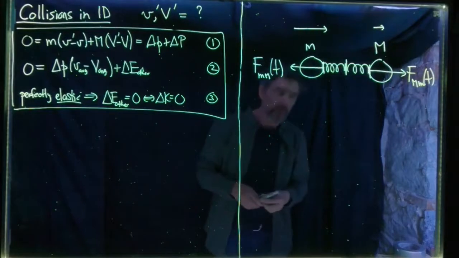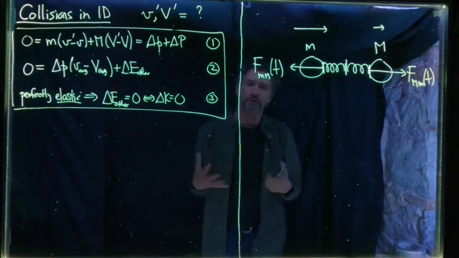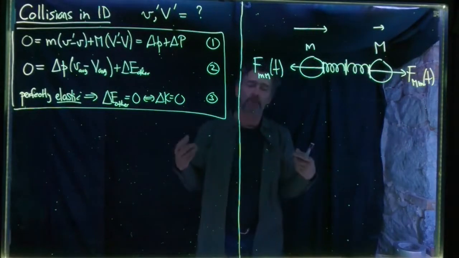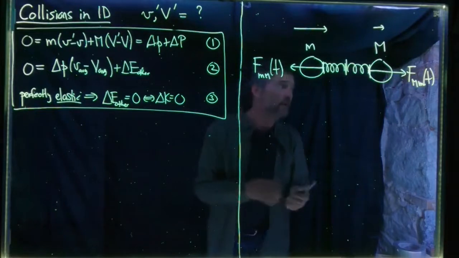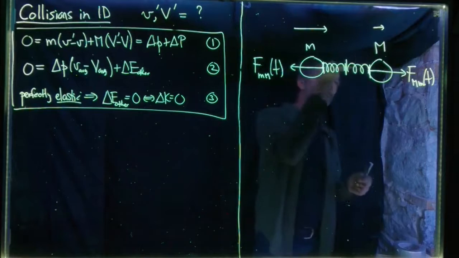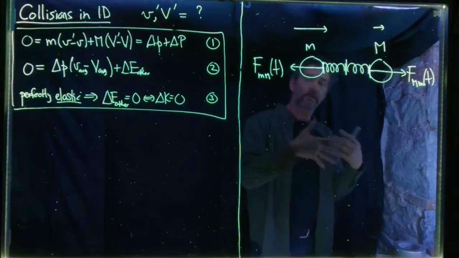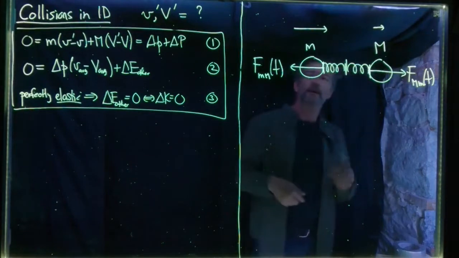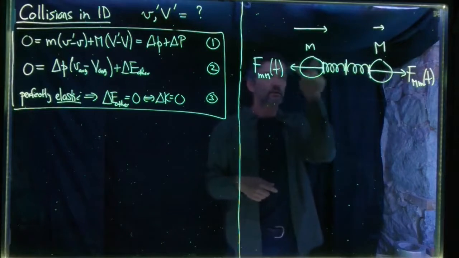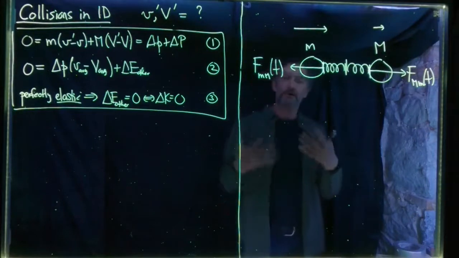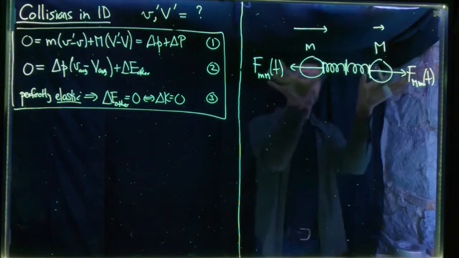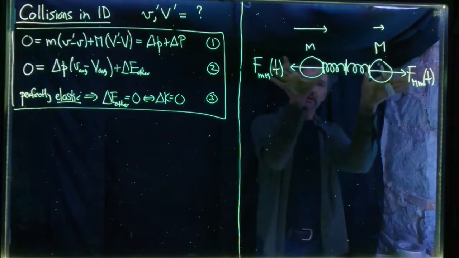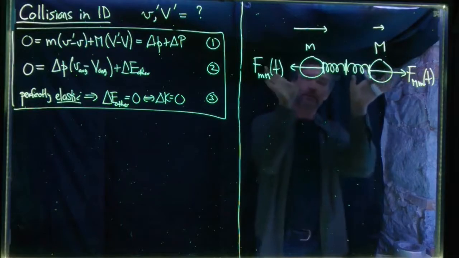Okay, so that's great. Now remember, this is the crucial thing: momentum is transferred by a force acting over time. This force is going to act on big M over time and transfer momentum to big M. This force is going to act on little m over time and transfer momentum to little m. The key is that these two forces are equal in magnitude, and they're acting over the same amount of time.